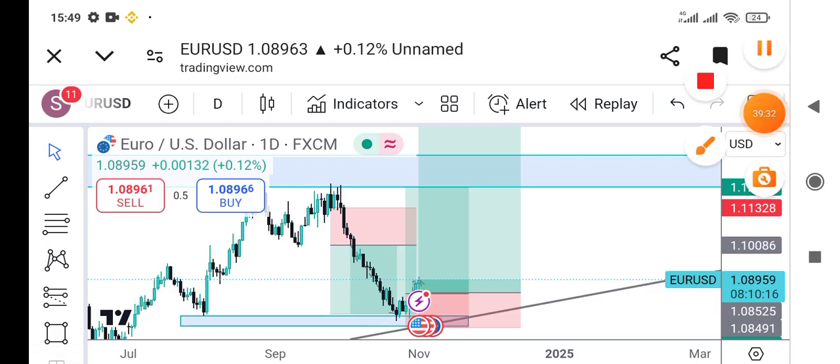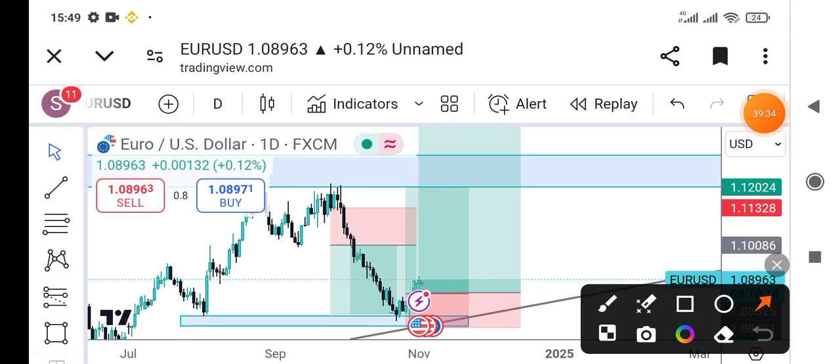This is where I usually call the safe zone. See this level. There was some rejection here. With that safe section, there is no day the market will ever reverse when you enter at this level.